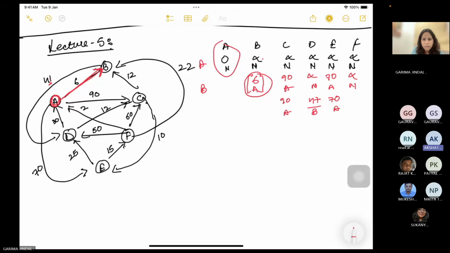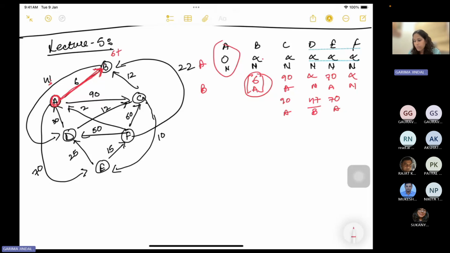Can you repeat that, madam, please? Okay. 47: the cost to reach B was 6. So now from 6 we are calculating what other nodes can be visited and what the cost is. We can see that we can reach D, and the cost to reach D is 41.